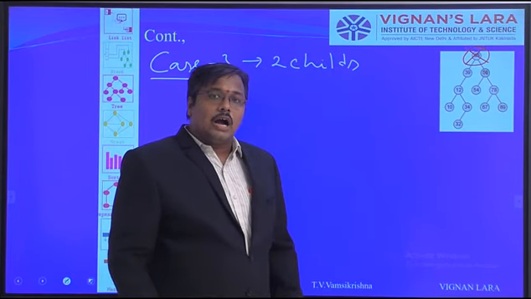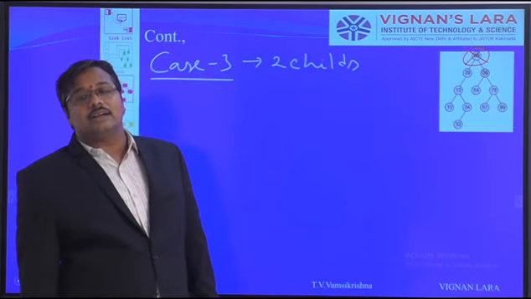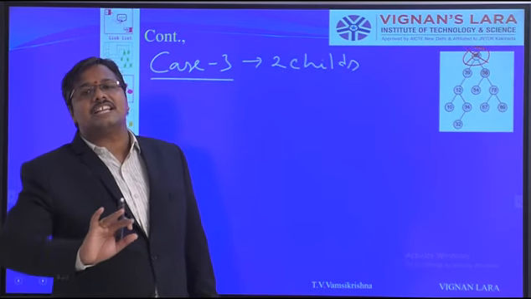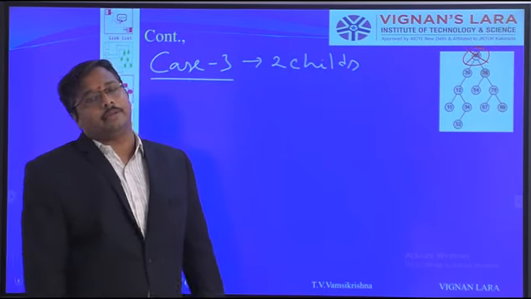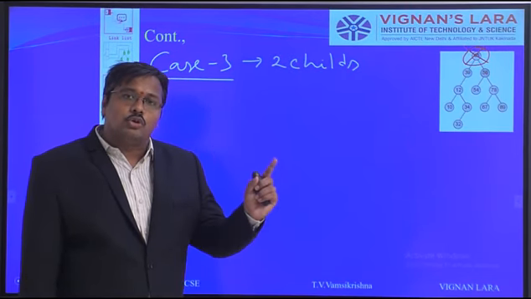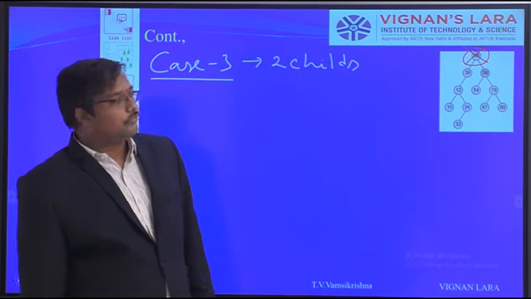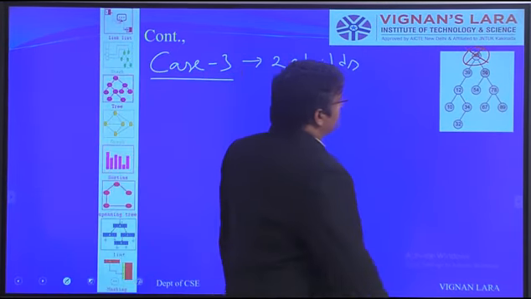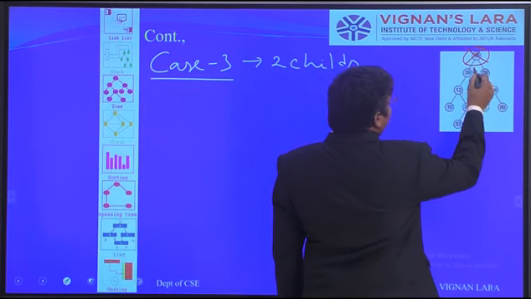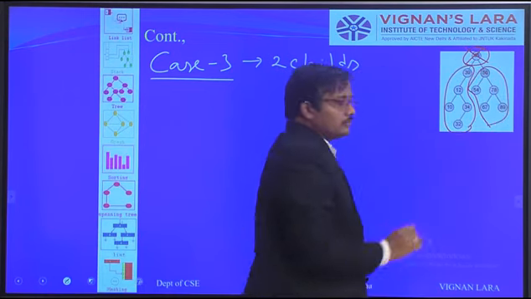In that case, how do we balance the tree? Balancing is nothing but the resultant tree should satisfy the binary search tree property. What is the binary search tree property? Comparatively to the root node, the lesser element is the left child and the greater element is the right child. So here, this is a left subtree and this is a right subtree.